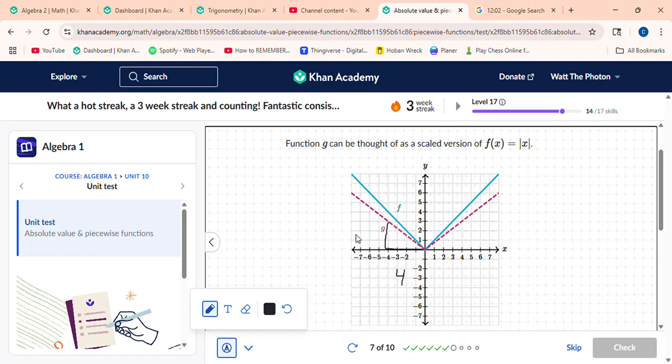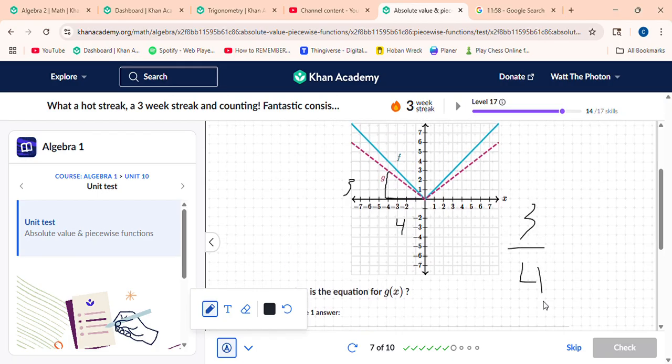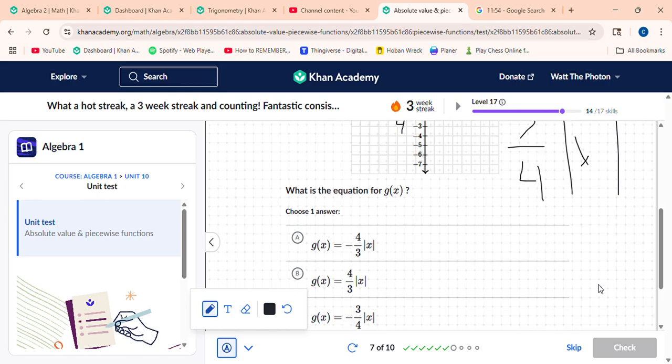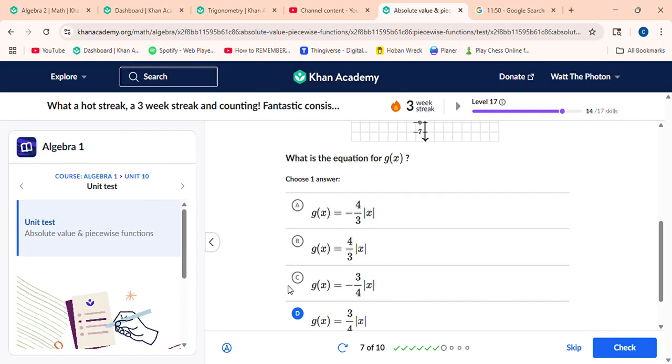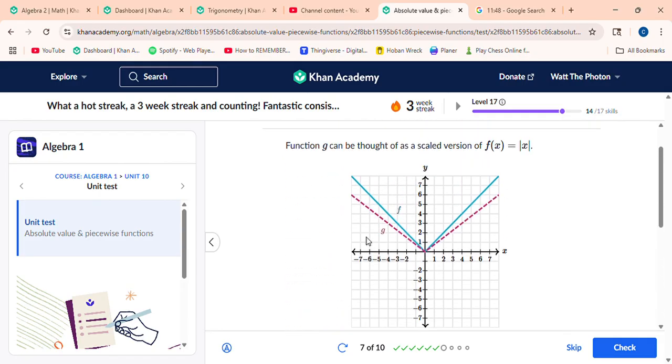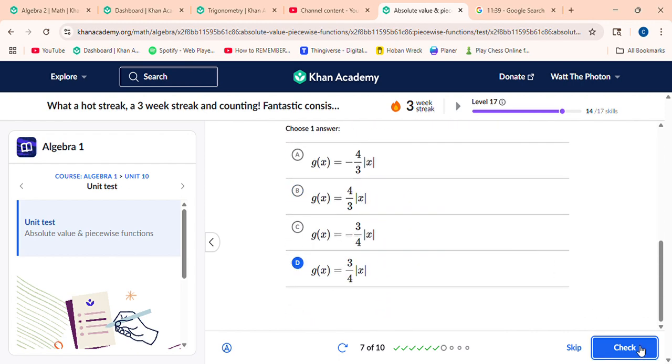So that's 4, 2, 3. So that's 3/4 of the value of x. That seems right. If it's negative, it'd be on the other side. 4/3 should be above. It goes less of an angle. That makes sense to me.